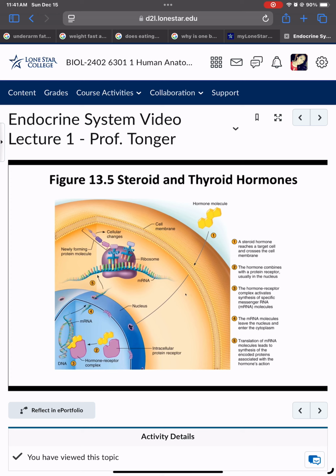And exactly the same thing happens here. As soon as this hormone receptor complex gets activated, it activates the transcription of a particular protein for which this hormone has a signal.